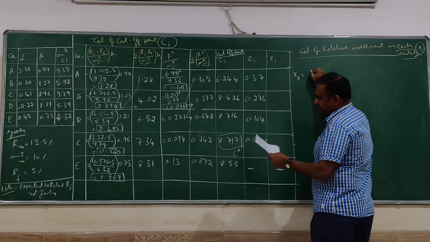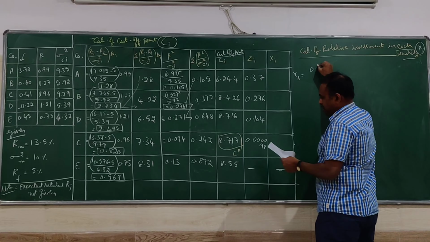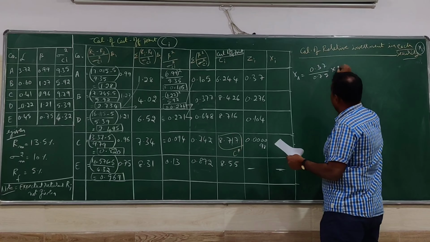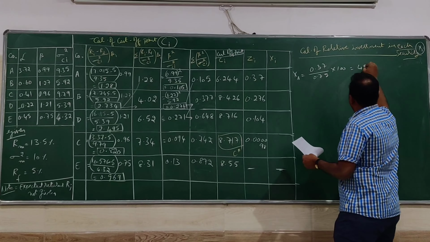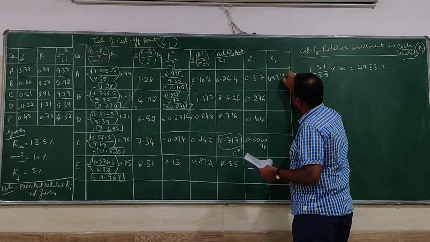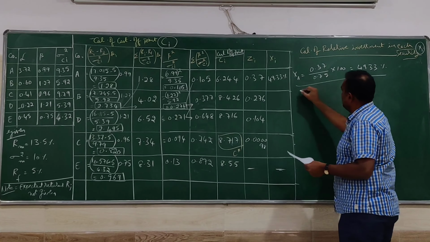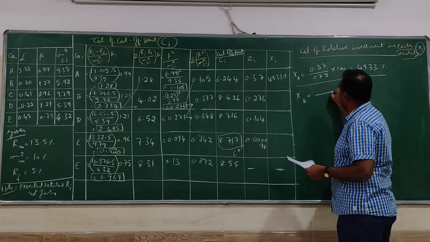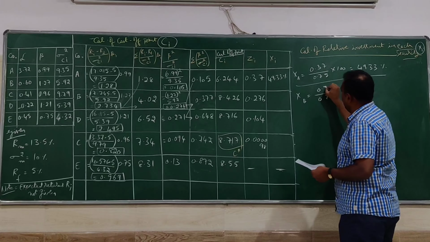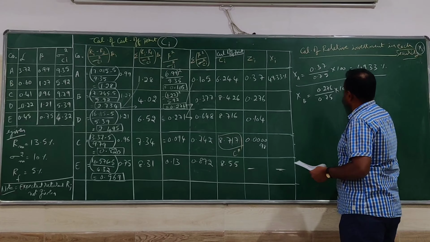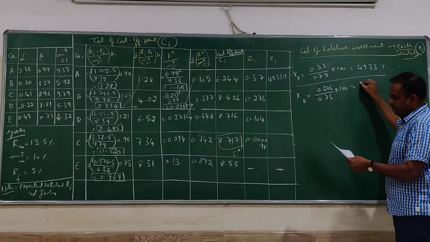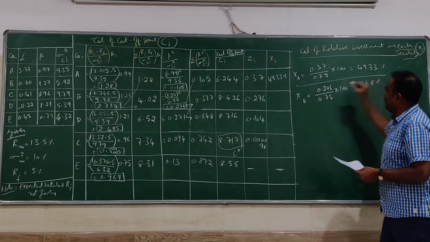First I will go for XA, 0.37 divided by 0.75 into 100, 49.33. So here 49.33 percent. Next is XB. The total we have to take, 0.276. So 0.276 divided by the total into 100, 36.8.